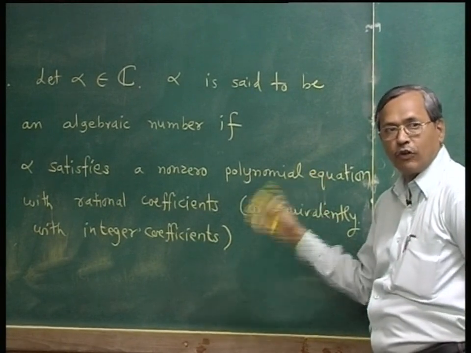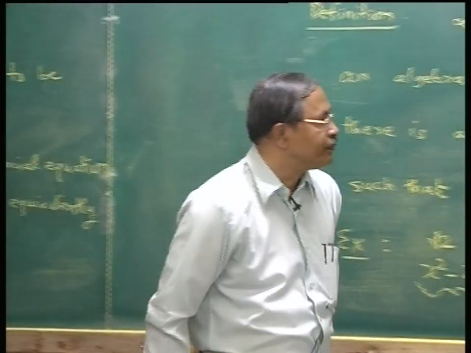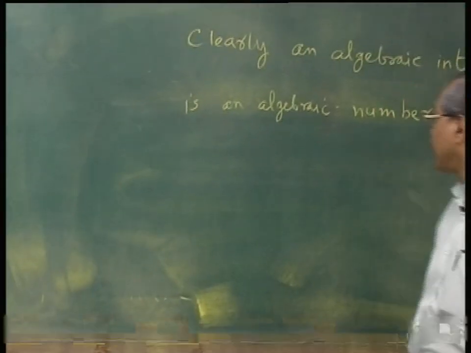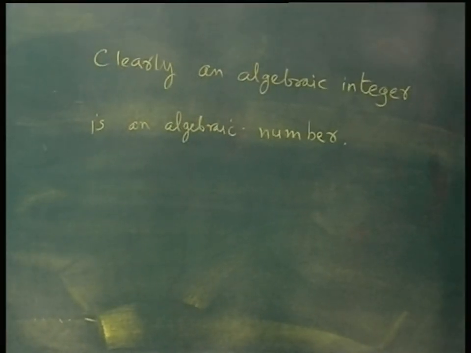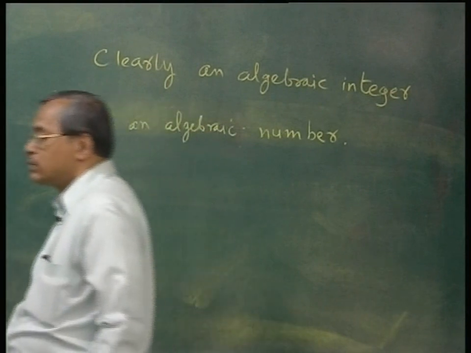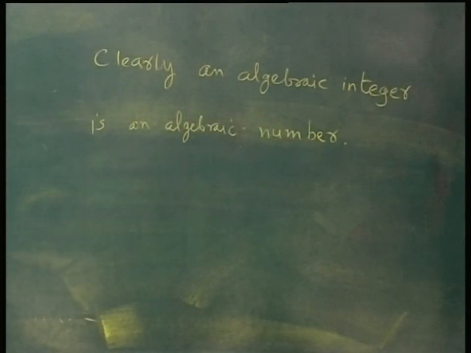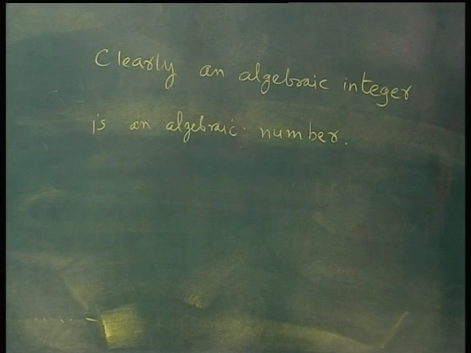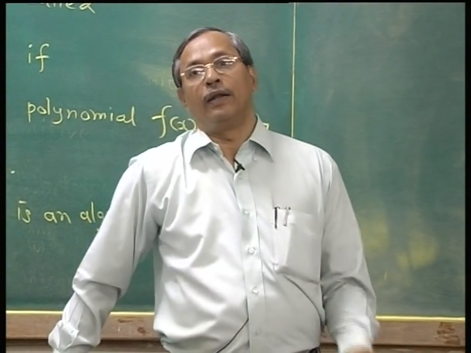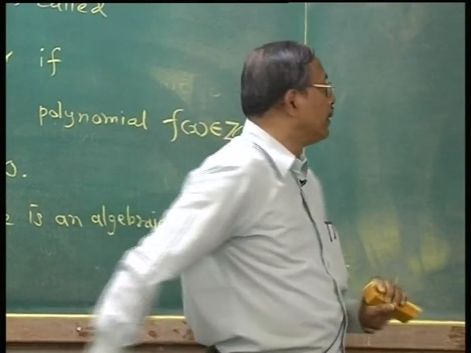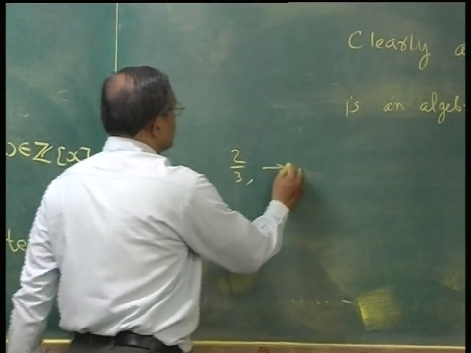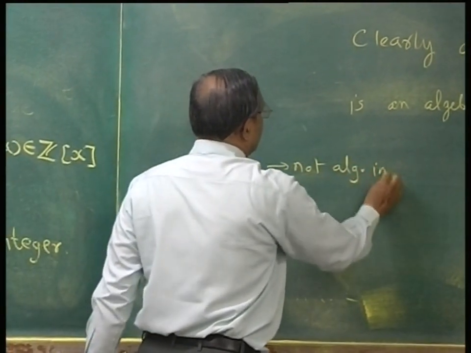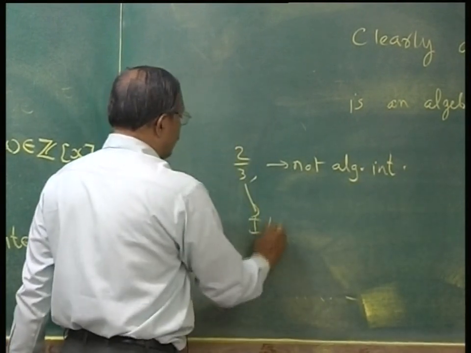So because it is monic, it is a non-zero polynomial equation. Whereas you can find algebraic numbers which are not algebraic integers. The simplest example is to take rational numbers which are not integers, like 2 by 3. They are not algebraic integers. This is not an algebraic integer, but it is an algebraic number.